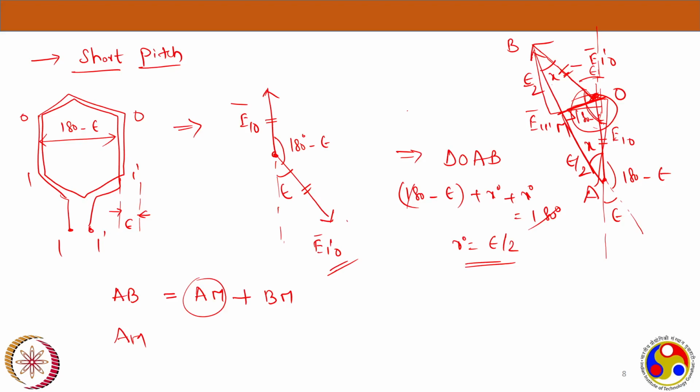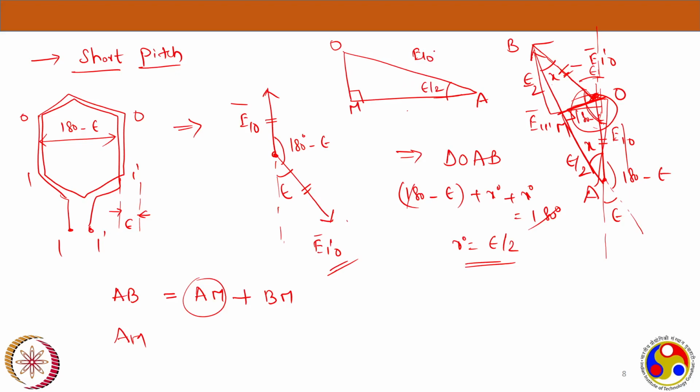In this, you know the hypotenuse, which is E10, this one. So let me just draw this right angle triangle here, but that is so confusing there. E10, which is A, this is O, this is M. So this is the right angle, and this angle is epsilon by 2, right?